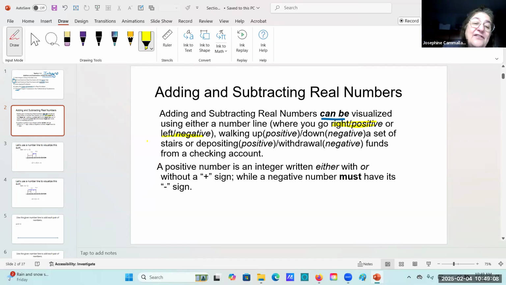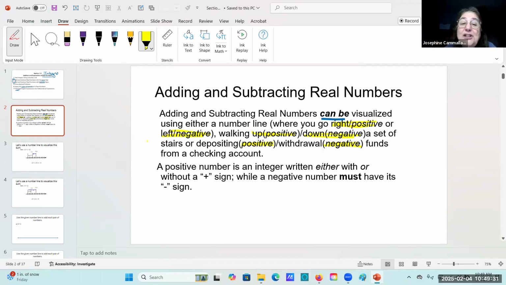When you go left, you have a negative number. If you go up, it's positive. Down is negative. And that's if you're walking up and down the stairs. And then if you deposit money, it's positive. When you withdraw money, it's negative.